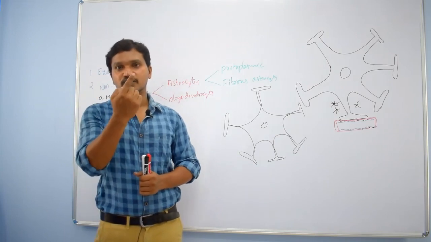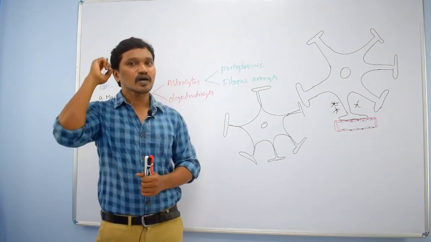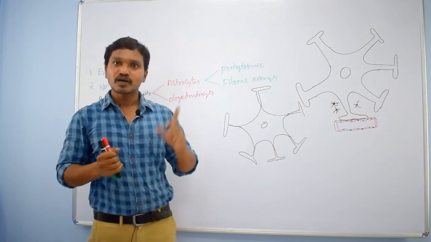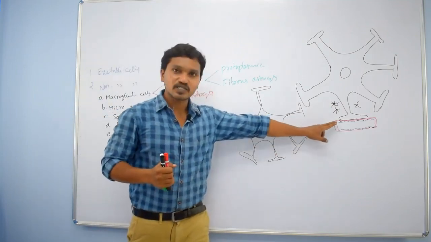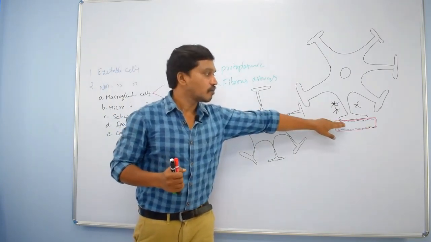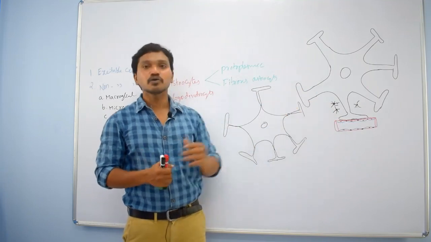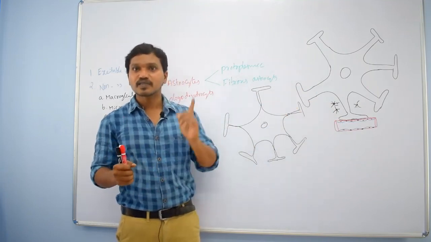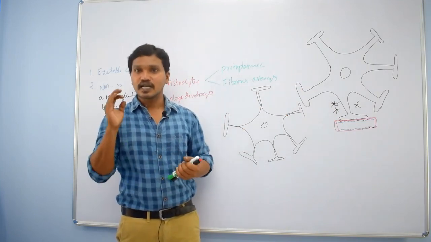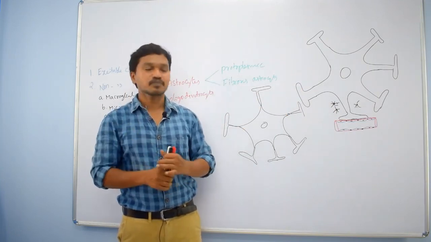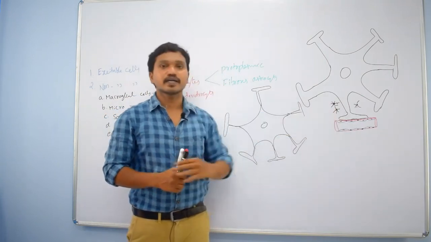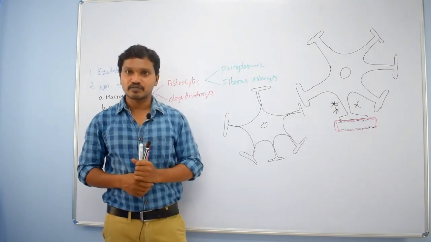Through the ventricular system, it reached the brain and they observed the stain in the brain tissue. That means through the ventricular system the dye could enter, but through the blood it couldn't enter the brain tissue, because there is a gate, there is a barrier, and that barrier is selectively permeable or semi-permeable. That's why this material couldn't enter the brain tissue.